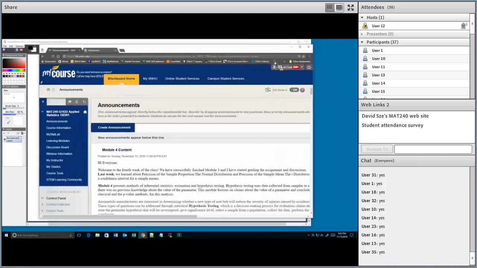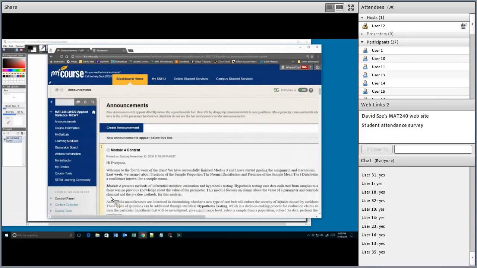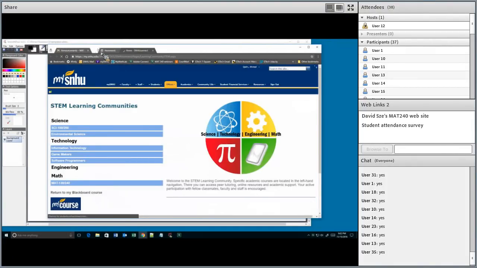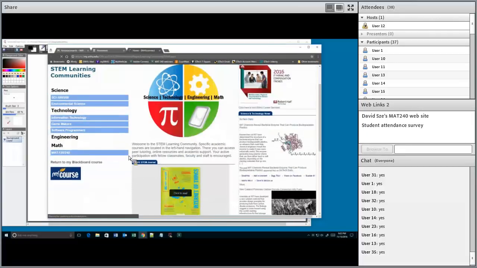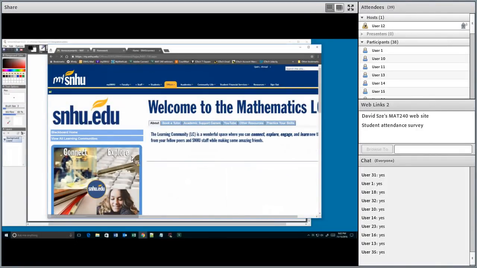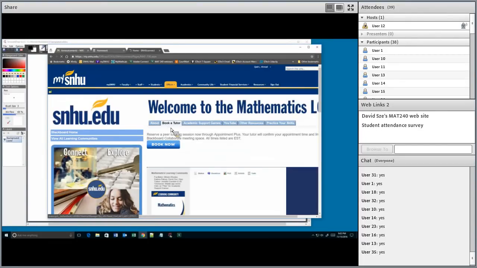Alrighty, so let me just go over a few things real quick. I just want to make sure you are aware that once you're in your course shell in Blackboard, you can click on this STEM Learning Community and then look for the Math 130 and 240 link here. Click on that, and then click on book a tutor and book now.